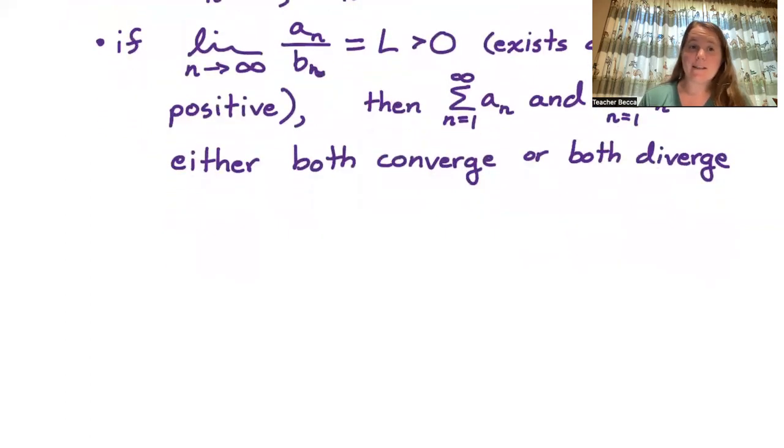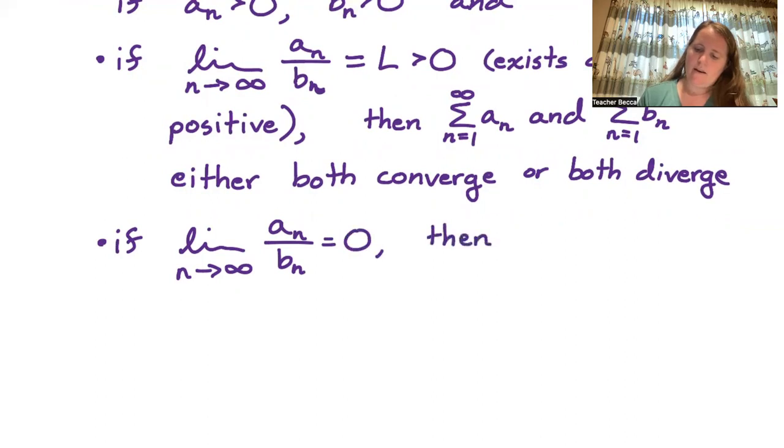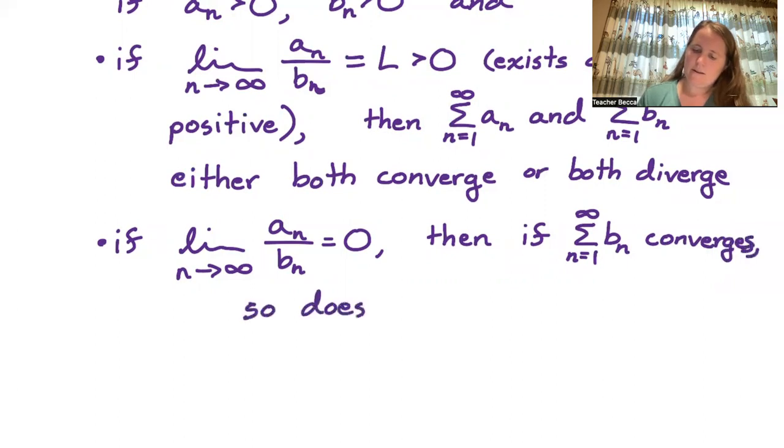There are a couple other cases here. It turns out that if the limit as n goes to infinity of a sub n over b sub n equals 0, then if the sum from n equals 1 to infinity of b sub n converges, so does the sum from n equals 1 to infinity of a sub n.